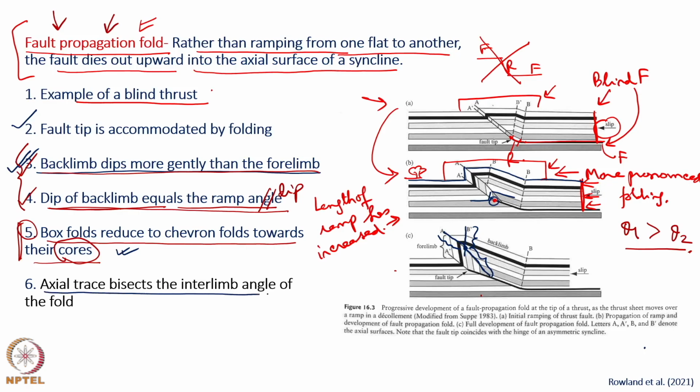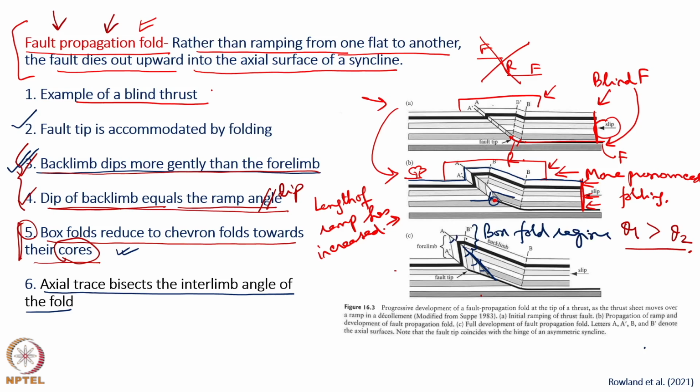Axial trace bisects the interlimb angle of the fold. Let us take this axial trace and the interlimb, and as per the diagram the interlimb angle has been bisected. This is the place where there is a single axial trace, but when we look within the box fold regime, the true box fold regime, here also the same thing happens.